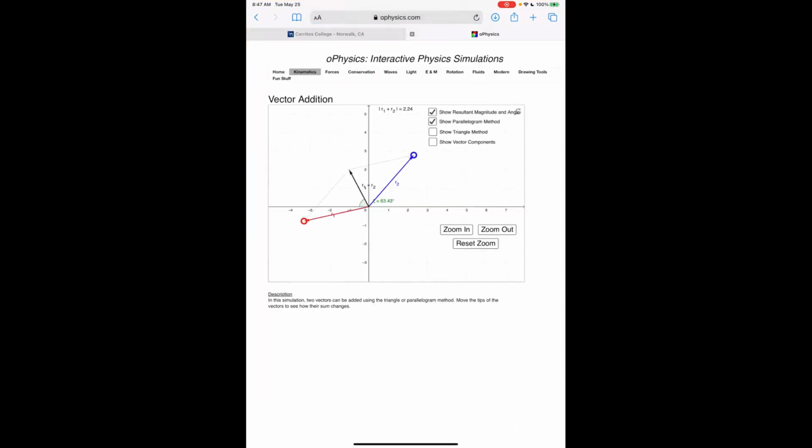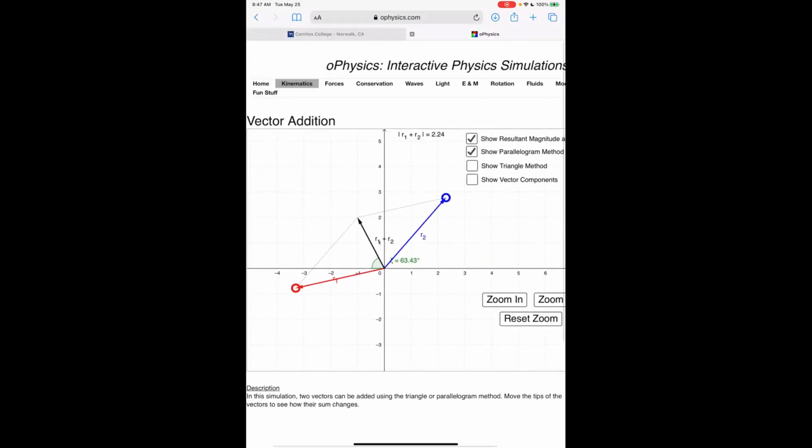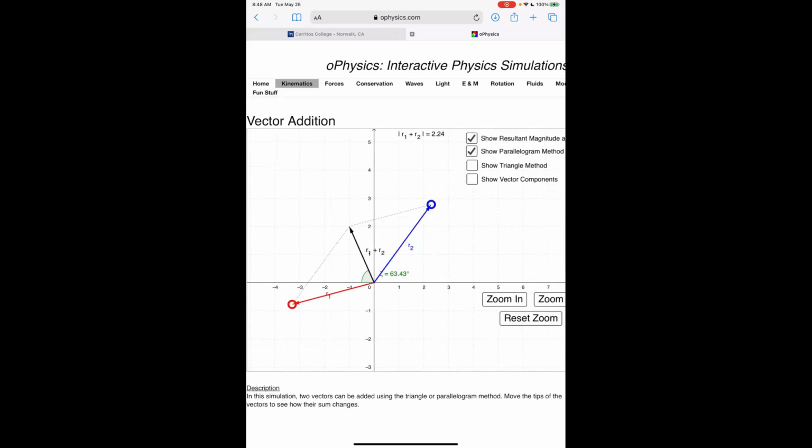Okay, then this is one of the resources that we use for, let's say, vector addition. Oh, it's frozen here, reset. Okay, then it seems it's not working perfectly on my iPad.